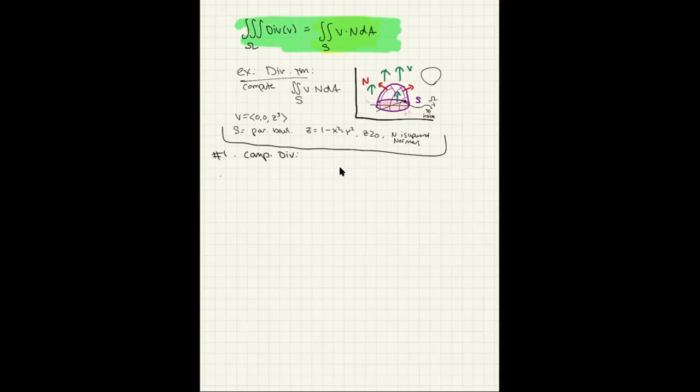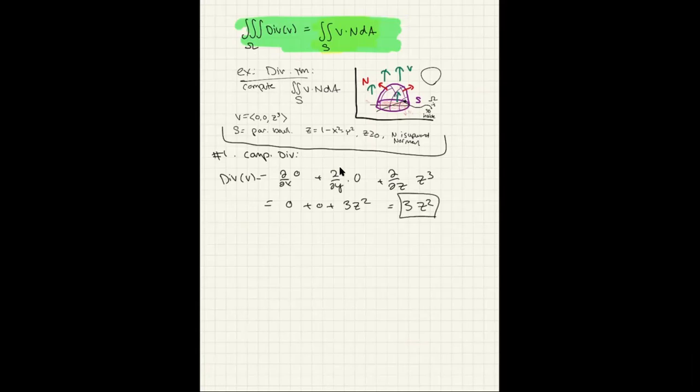So the divergence of V is partial of 0 with respect to x plus partial of 0 with respect to y plus partial of z cubed with respect to z. We get 0 plus 3z squared. So my divergence is 3z squared.